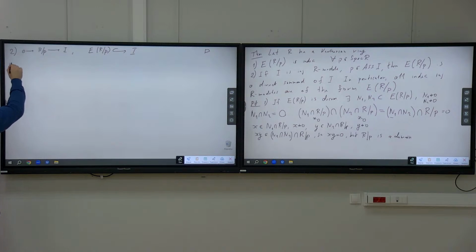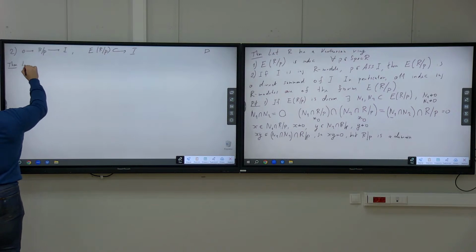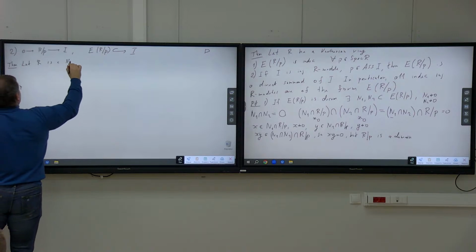Okay, so next theorem. Now I assume that R is a Noetherian ring.